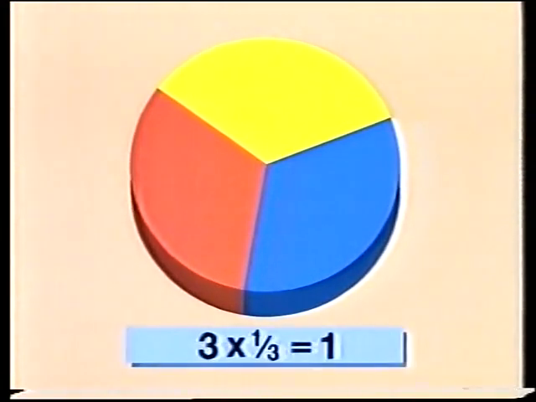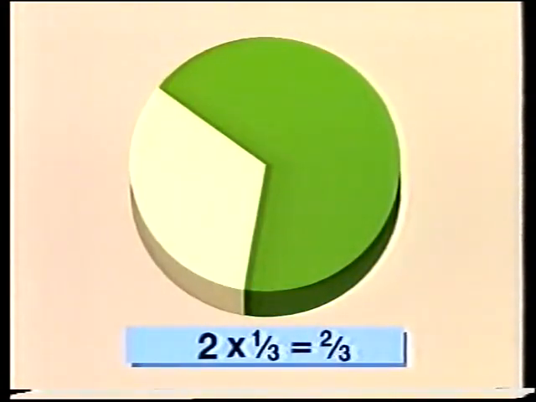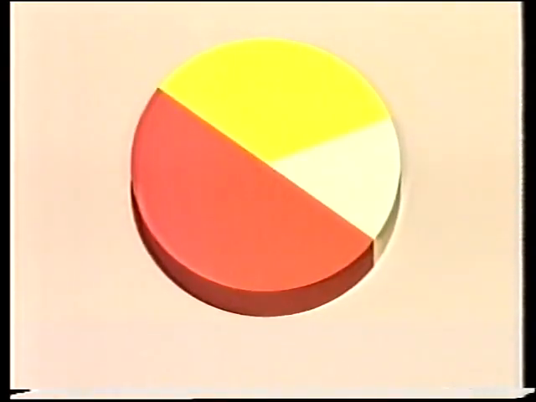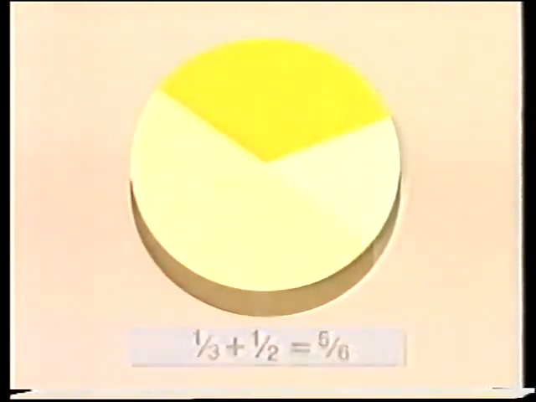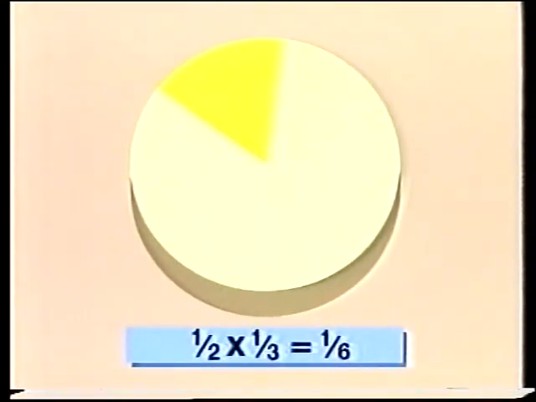That is, 3 times a third equals 1. Combine 2 of these thirds, and we get 2/3. Adding together 1/3 of the cake and half the cake, we get 5/6. And half of a third is just a sixth. So, the rules of arithmetic for integers do still work for fractions.